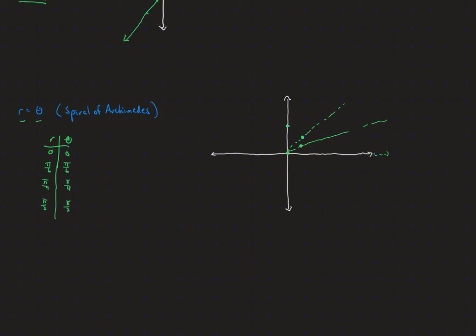So when you connect these, it's going to be this big spiral that keeps going further and further and further away. It's kind of fun to see on your graphing calculator if you set your window big enough to see that thing going on and on and on. Okay, that's a beginning of polar graphing. We'll look at some other graphs in the next few days.